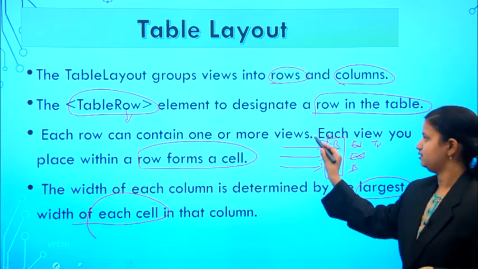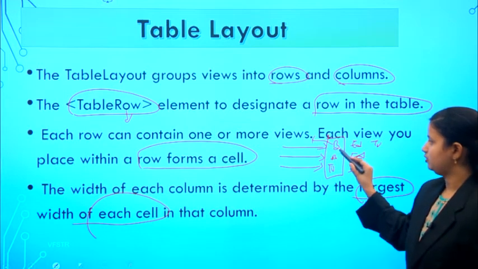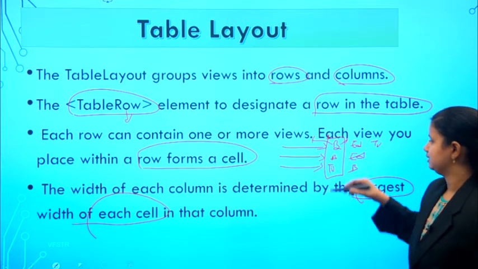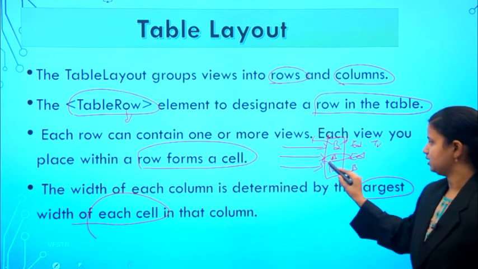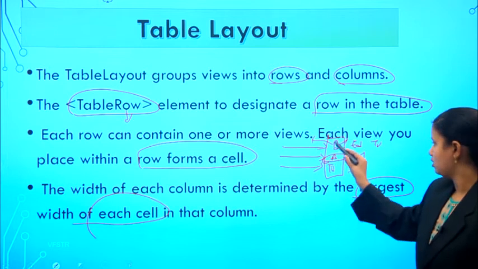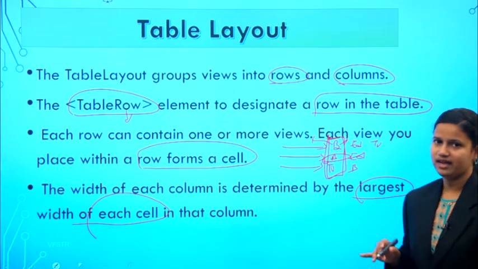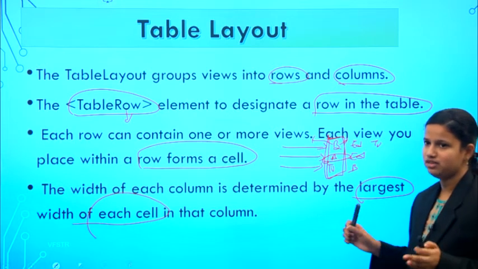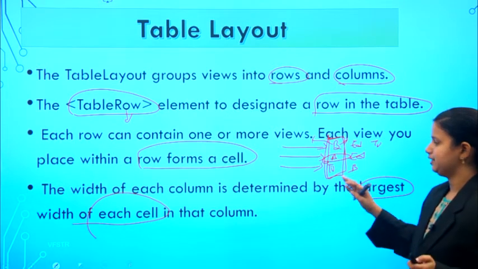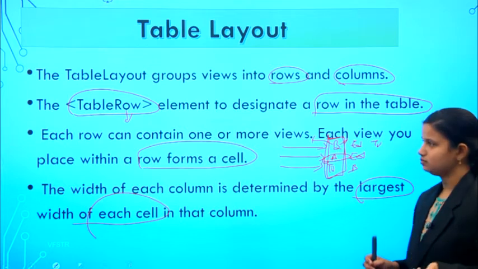So if the first cell has the largest width, the width of the column is like this. If the second one is largest, so we are comparing all the components to be presented in that column. Whichever has the highest width, that width is allocated to that column.